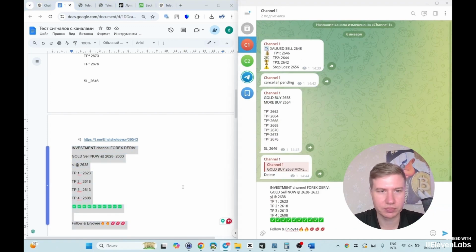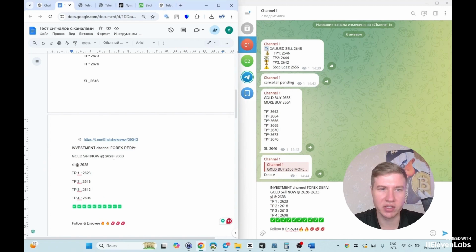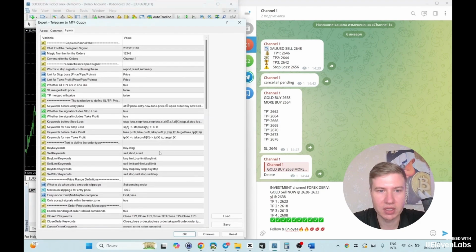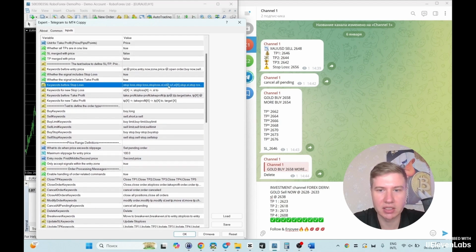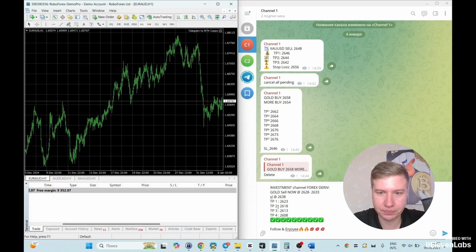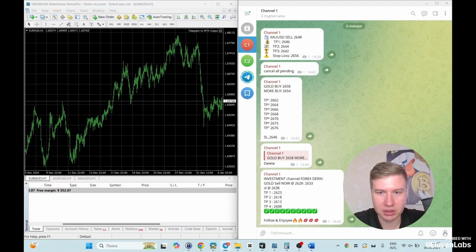And the second point is a parameter such as opening at the first price, or at the average, or at the last price. Let's open this order at the last price and second price, 26.30. Also, for stop loss, you need to check if there is the identifying mark, stop loss RK, so the advisor should understand it just like stop loss. Okay, let's open this order and see if it will open.